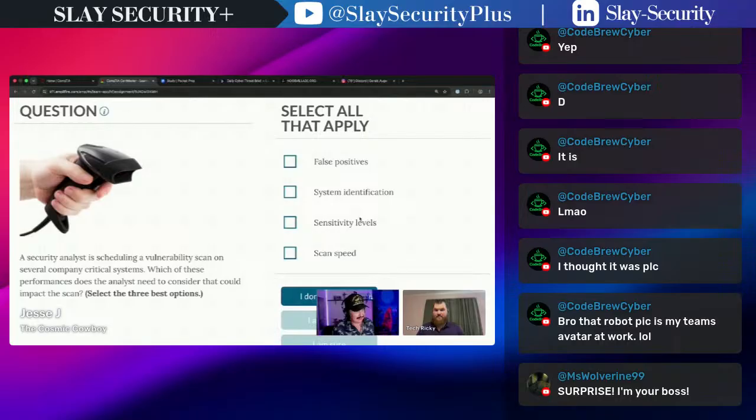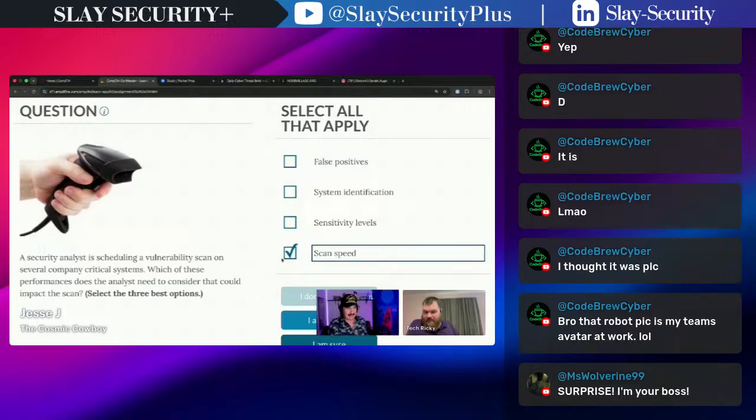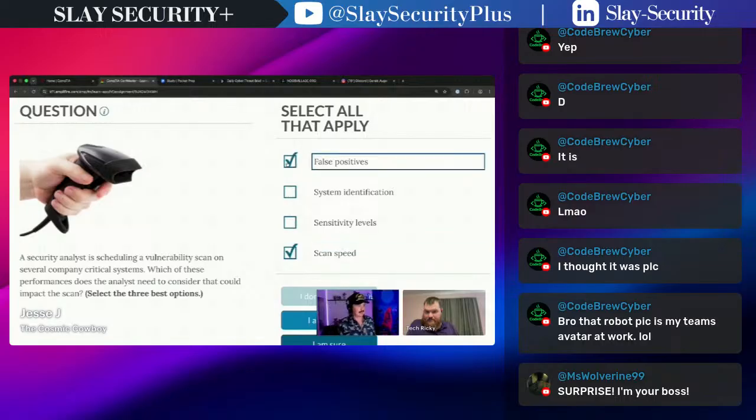Yeah. No, hold on. Let me reread it. This is critical. So if it's a slow scan or it takes forever, you could... Yeah, sensitivity level. So I would go A, B, and D then. Well, I don't guess you need the system identification part because you already know that it's a critical system.